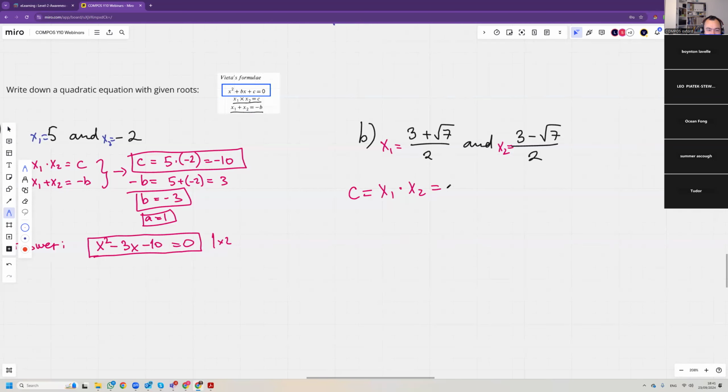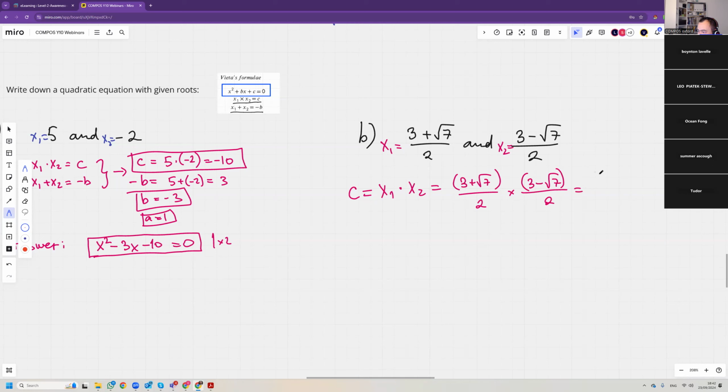So c is that. So we multiply these, and it goes 3 plus root 7 over 2 multiplied by 3 minus root 7 over 2.